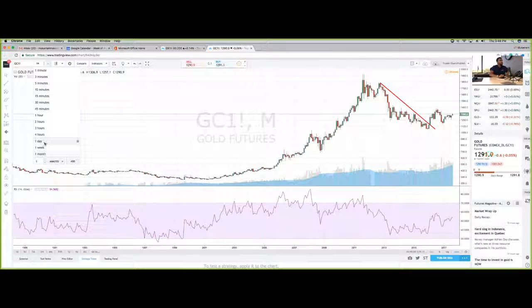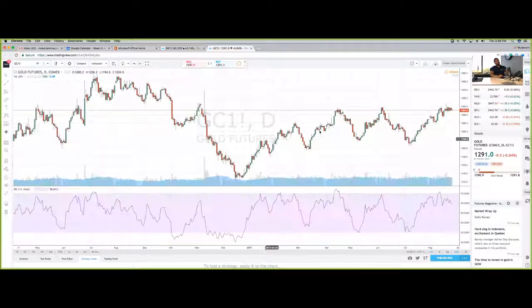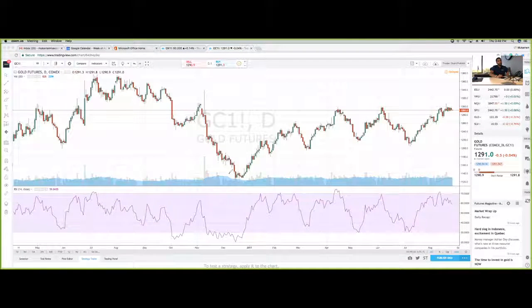Gold goes up, as we talked about right here. Gold starts going higher again since December 2016. And during that time, the dollar has come down. Very strange behavior, because the fundamental events don't support that, especially in the monetary policy side of it.